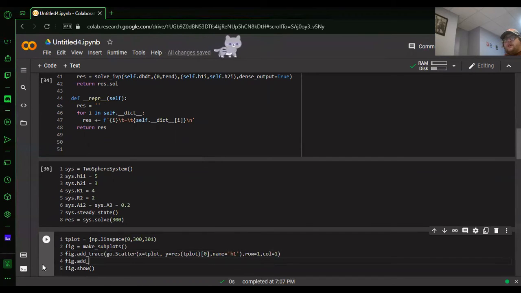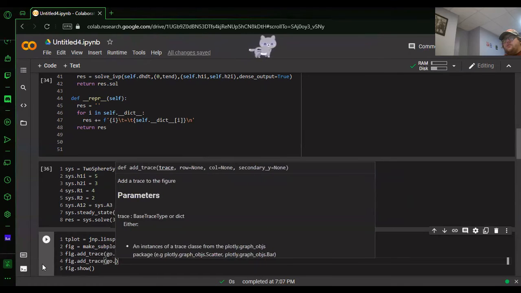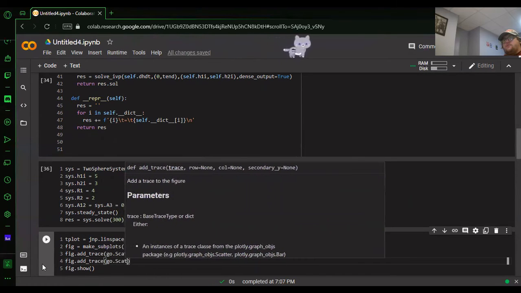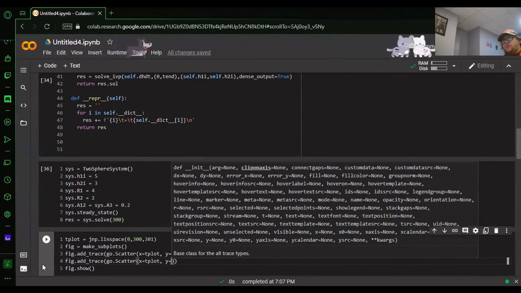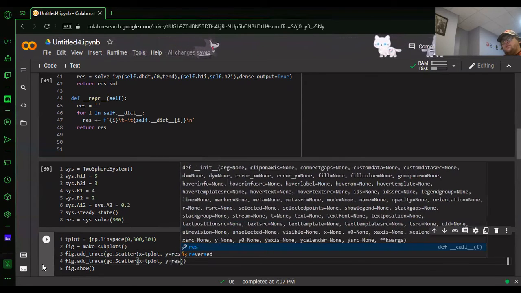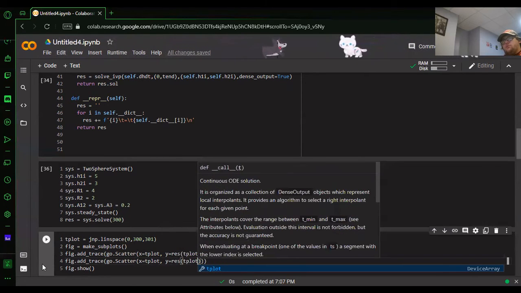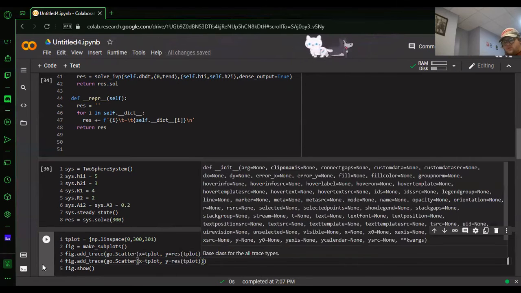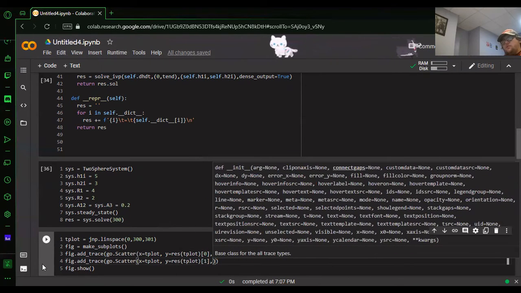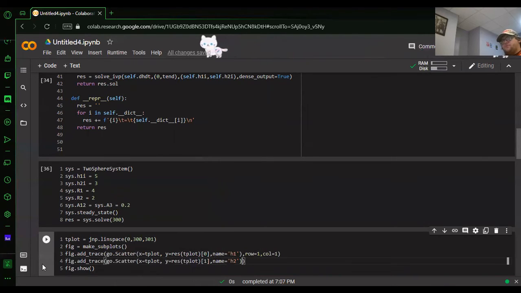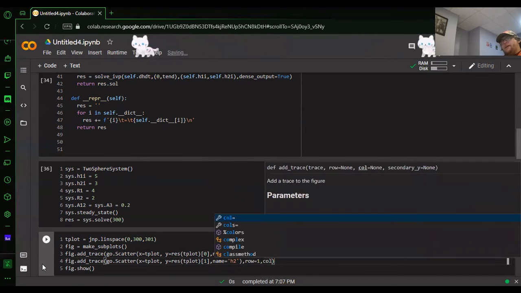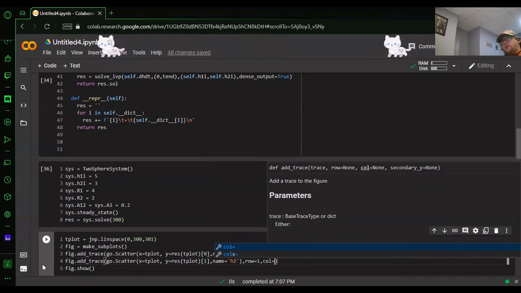We're going to do fig add trace go dot scatter, x is t plot, y equals res t plot 1. I'm going to call this one h2. We'll put it on the same graph as our h1.